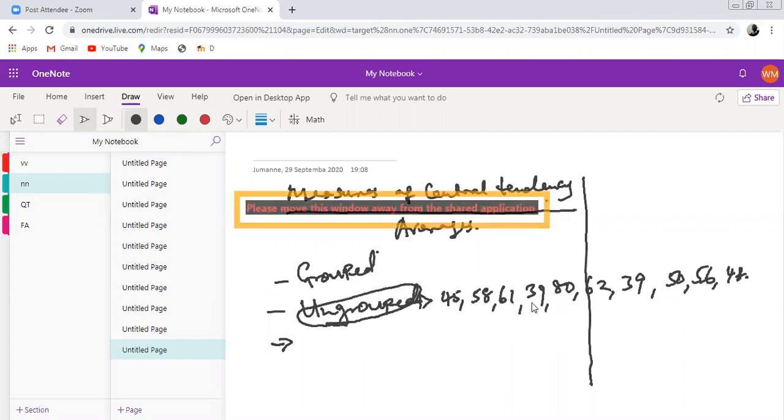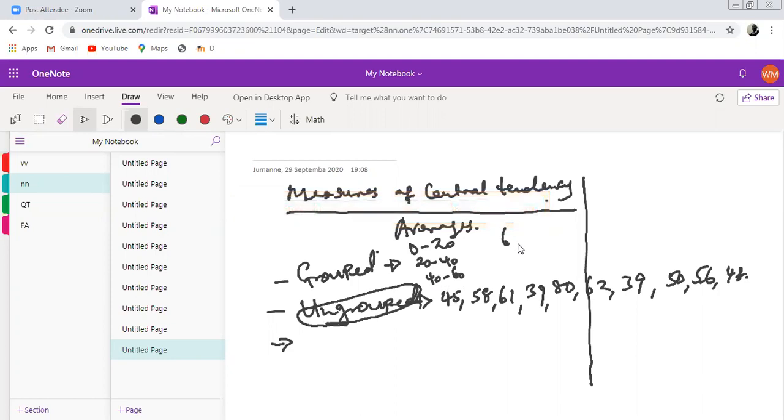When the information is just recorded in number form, separating each and every number with a comma, then we have the ungrouped data. For the grouped data, I can come here and say, maybe 0 to 20, 20 to 40, 40 to 60, 60 to 80, and 80 to 100.